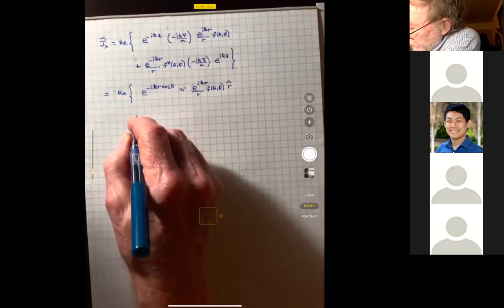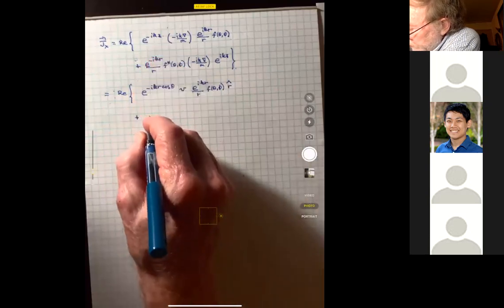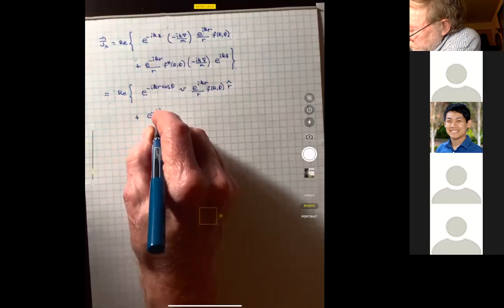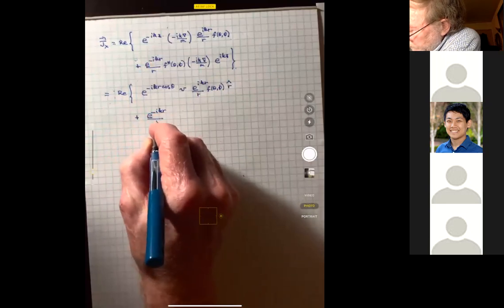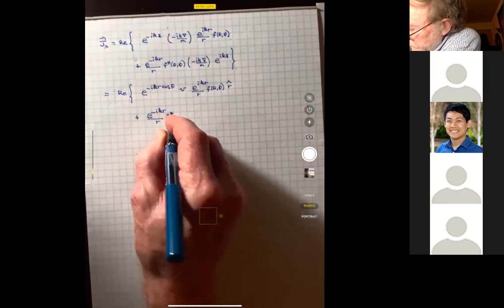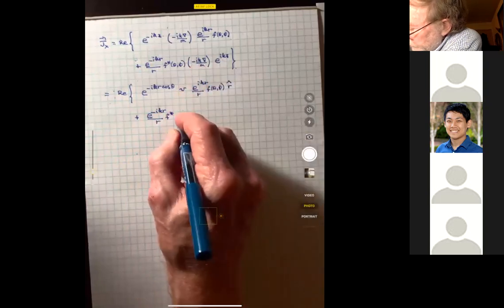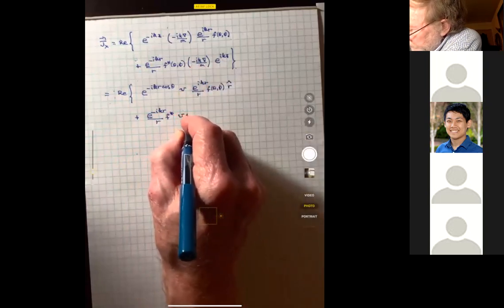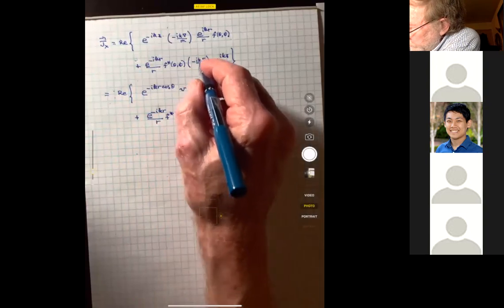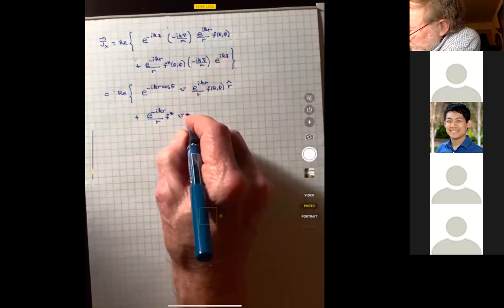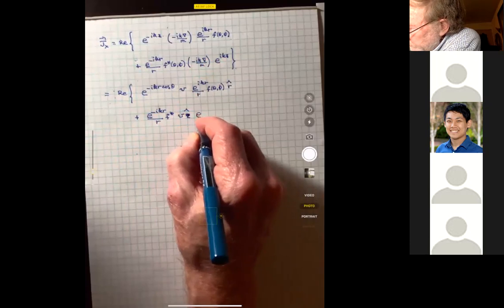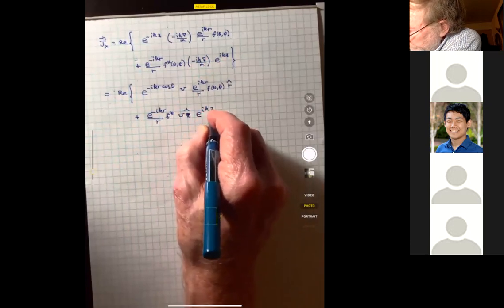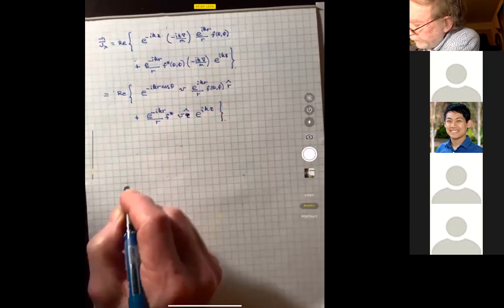And for the second term, I get e to the minus ikr over r times f star times this derivative here, which gives me, again, the velocity v times the gradient in the z direction, which brings out z hat times e to the ikz.